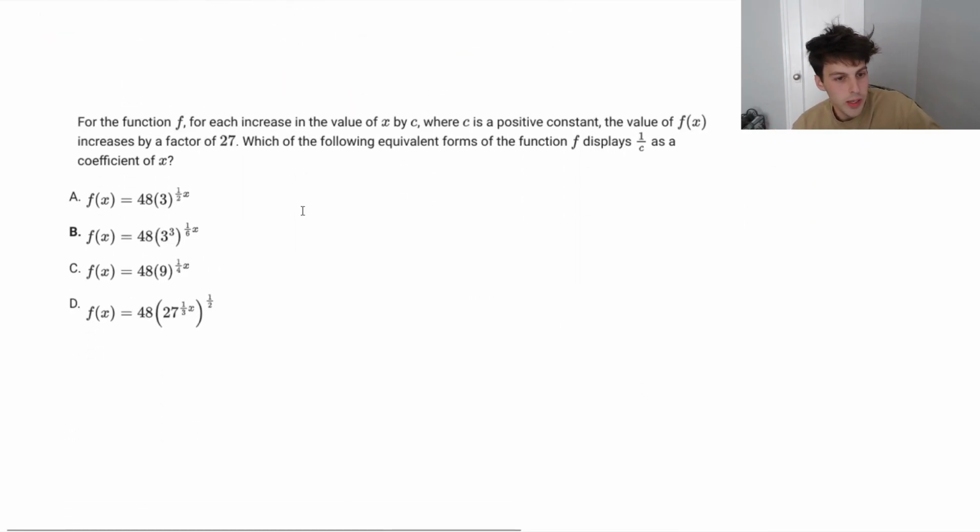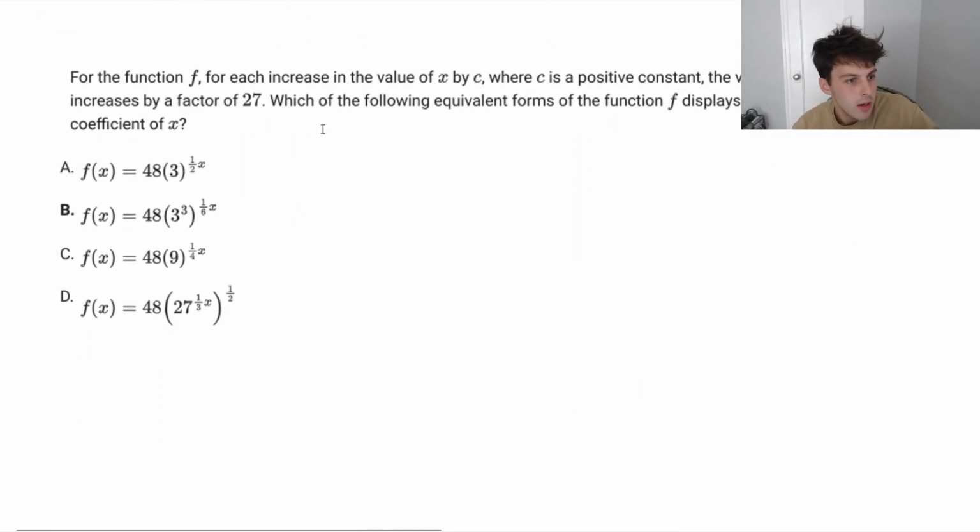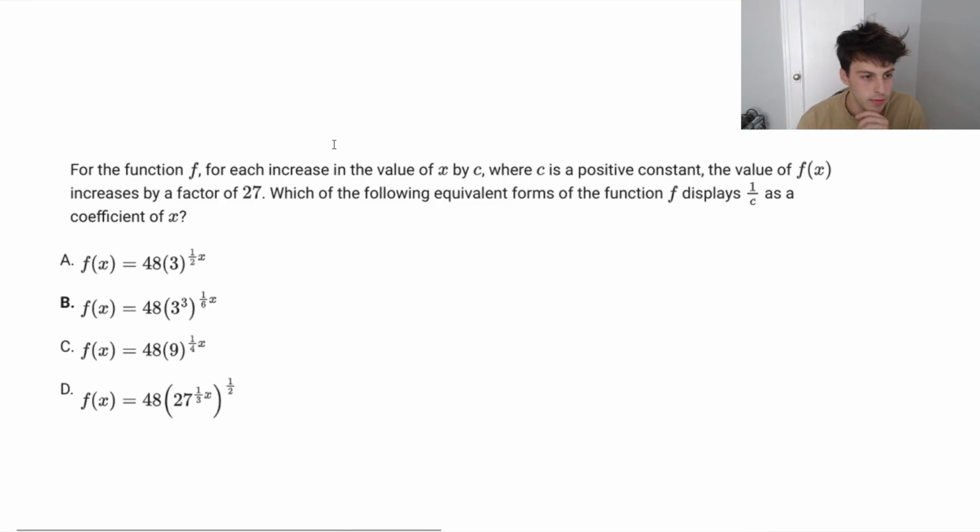Okay, we get a question that says, for the function f, for each increase in the value of x by c, where c is a positive constant, the value of f of x increases by a factor of 27. So which of the following equivalent forms of the function f displays 1 over c as a coefficient of x?